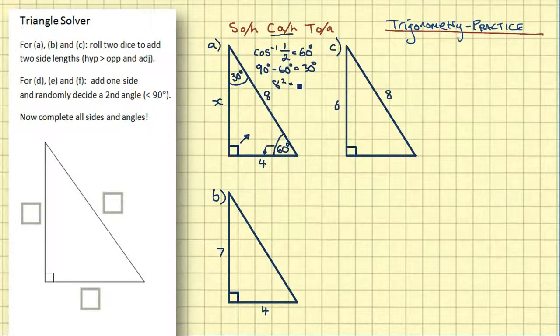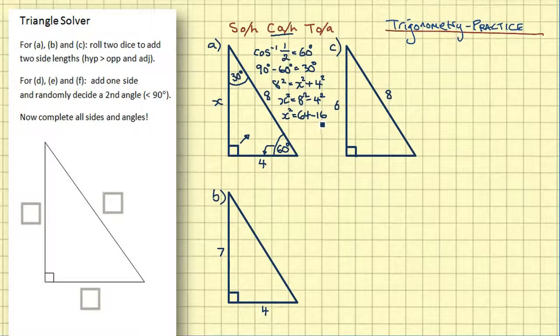So 8 squared is the hypotenuse, equals x squared plus 4 squared. So if I subtract 4 squared from both sides, I get x squared equals 8 squared minus 4 squared. Therefore x squared equals, well, 64 minus 16.